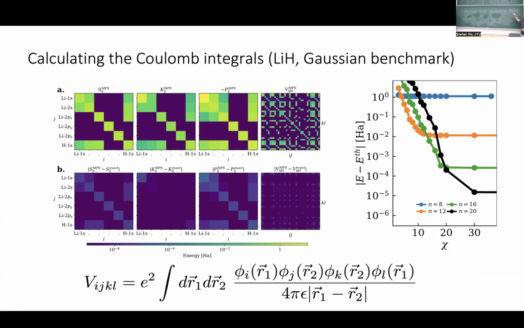So the input of the problem are the positions of the nuclei. And if you can find the ground state of this versus position, then you can solve a lot of interesting problems.